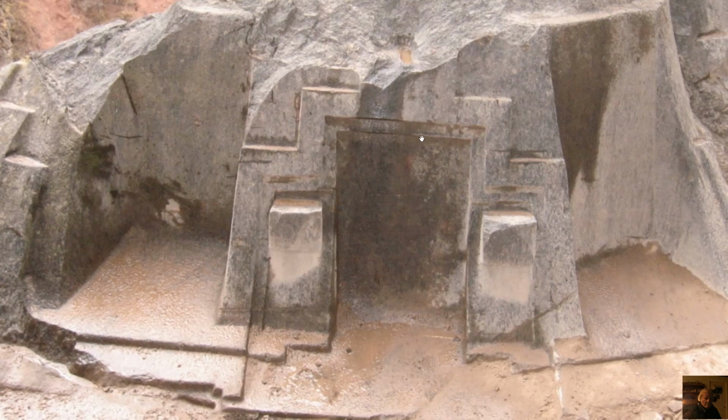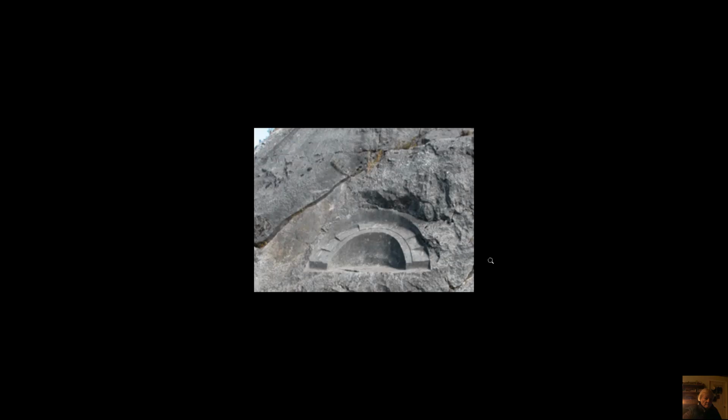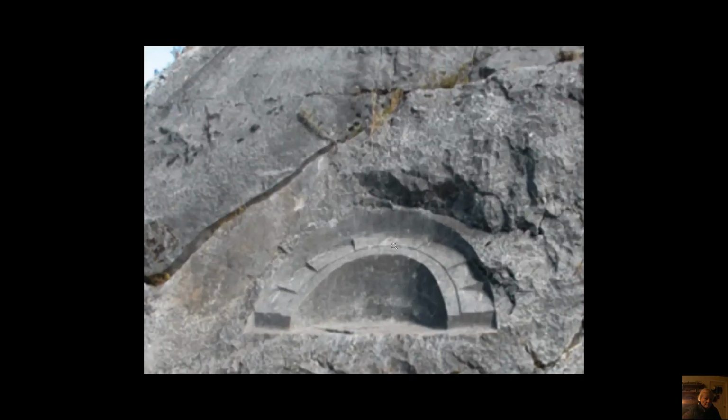And in this example of stone carving technology, I think this is also from the earlier civilization. All of this rock looks like it's been blasted off. All around here. All around the edge. That's not normal erosion. That looks like it was blasted off.